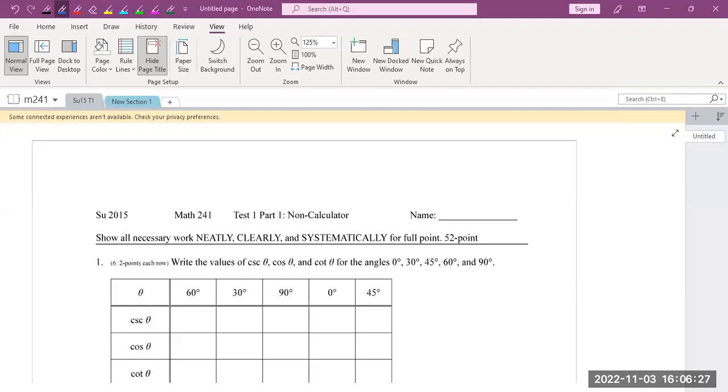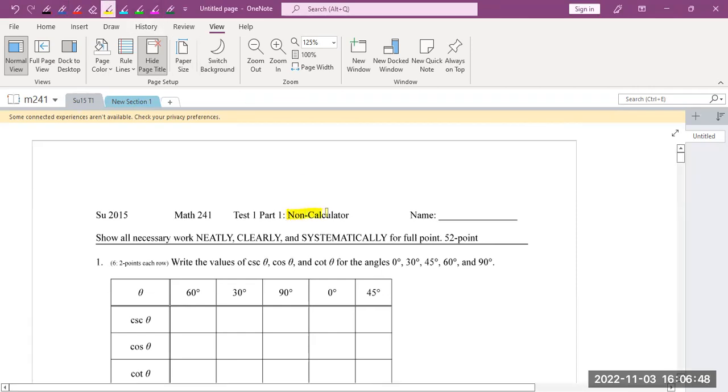Hello there, good afternoon. Today I will go over one of my old tests in preparation for your test one. Now, my test one consists of two parts. The first part is without calculator, non-calculator.